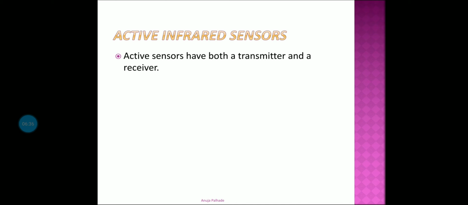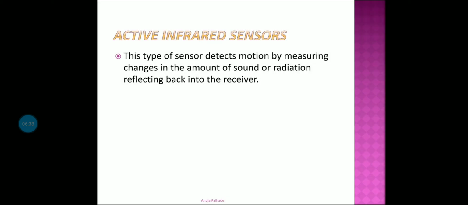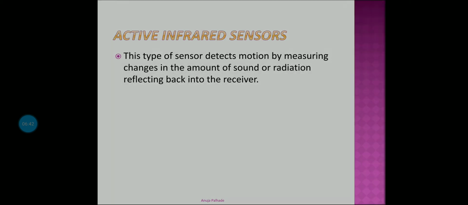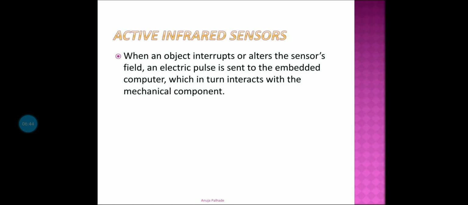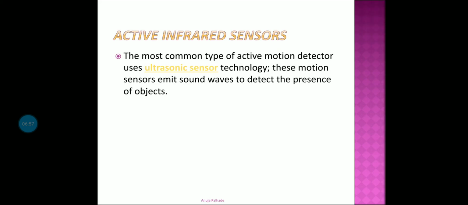When an object interrupts or alters the sensor field, an electric pulse is generated and sent to the computer, which in turn interacts with the mechanical component.